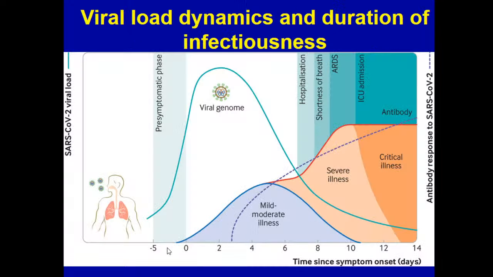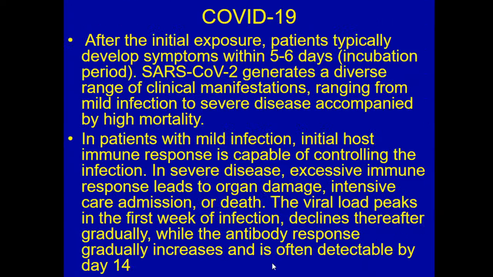We can see here that usually the antibody immune response starts to develop within 7 days of the infection, 7 to 8 days, 5 days here and approximately 3 days here, right?